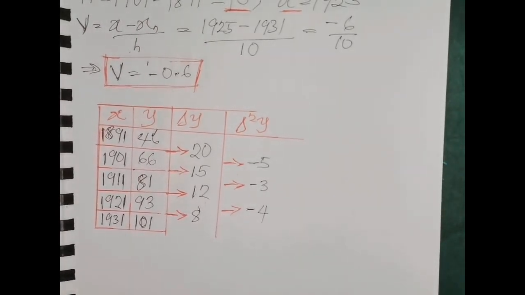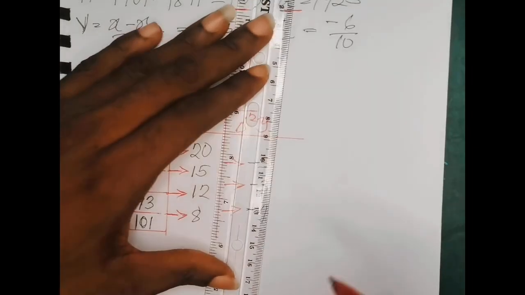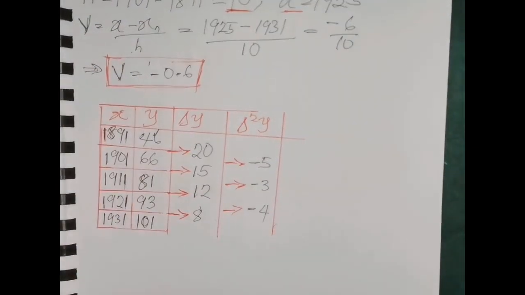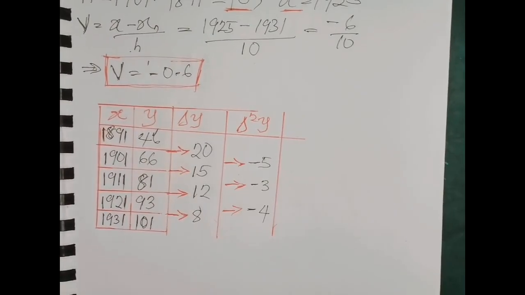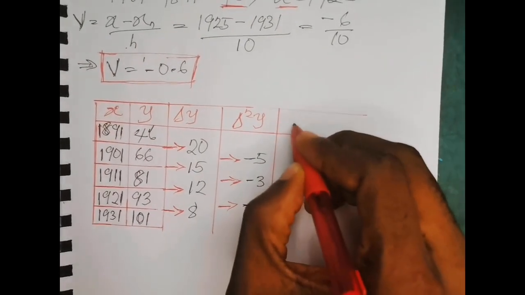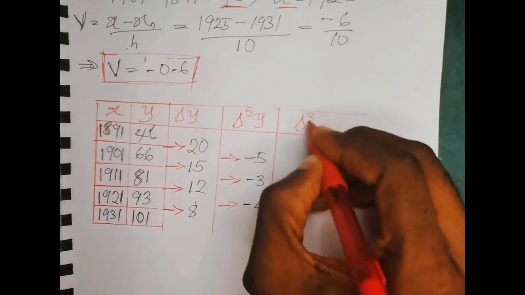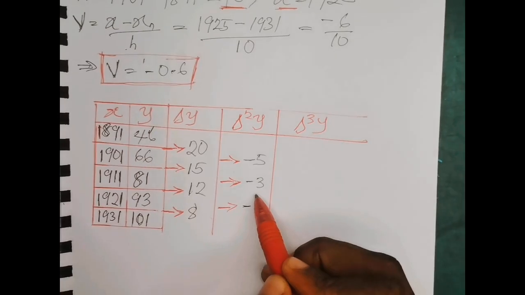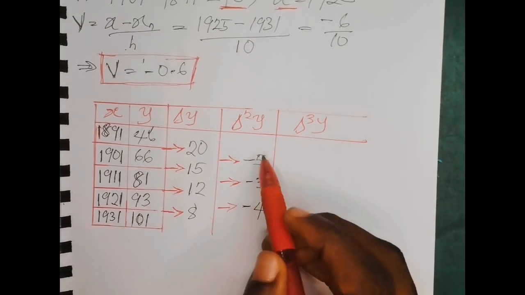Okay, so we continue doing this until just a single value of difference is left. So we find the third difference now, labeled as delta cube y, and this is going to be negative 3 minus negative 5.